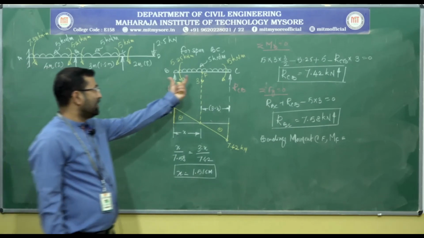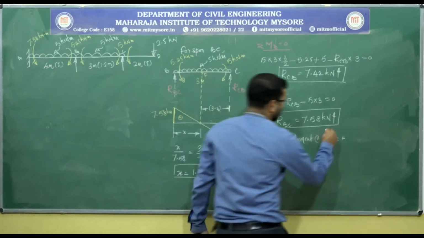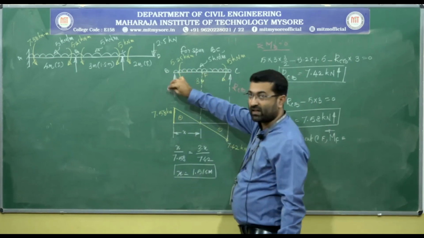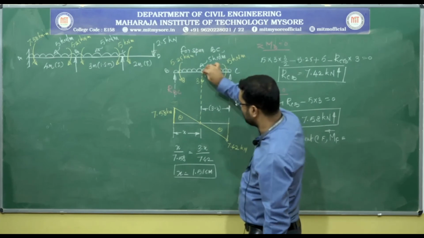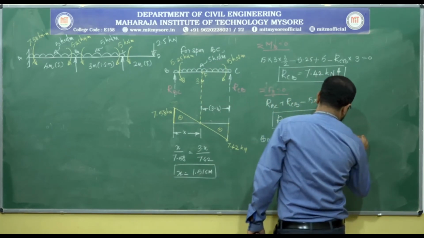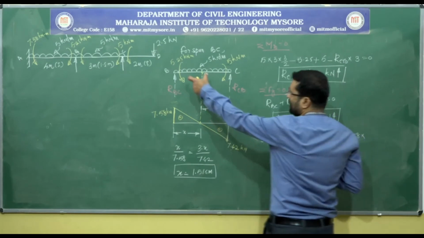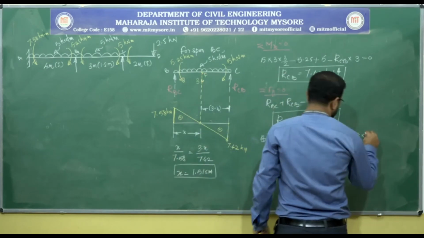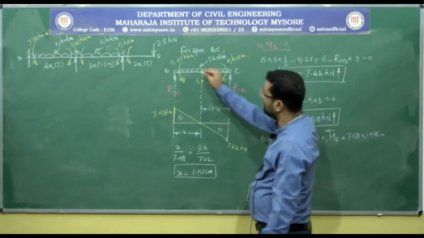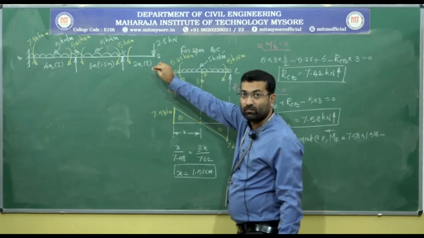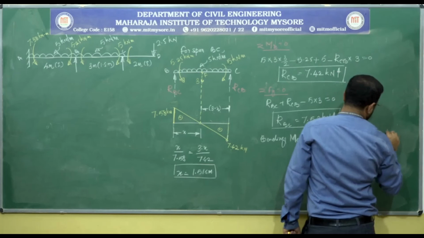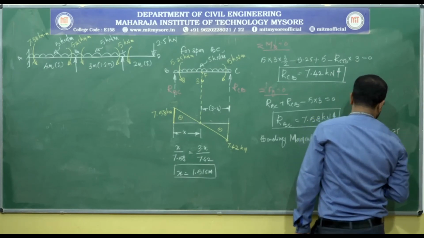If I consider the left portion, on the left side we have a reacting force RBC, which is creating a clockwise moment about F. So RBC is 7.58 and its perpendicular distance is x, which is 1.516, minus, on the left portion we have a moment 5.25.